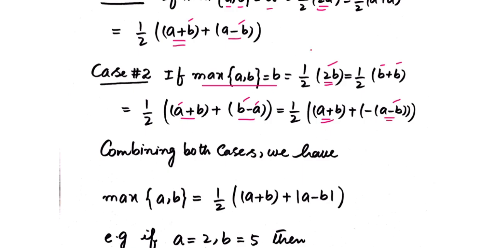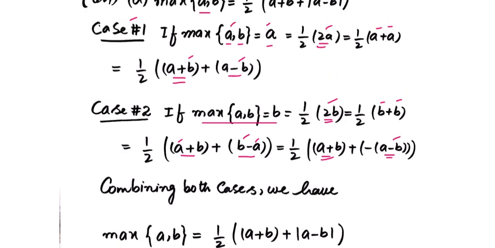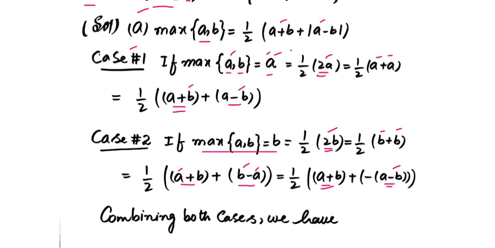In the first case, we have assumed that the maximum value of {a, b} is equal to a. When a is greater than or equal to b, the absolute value of a - b is simply equal to a - b.